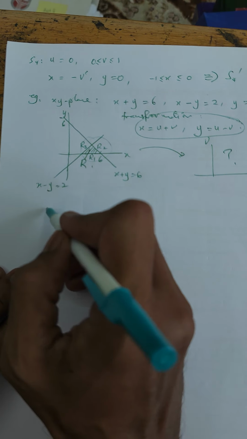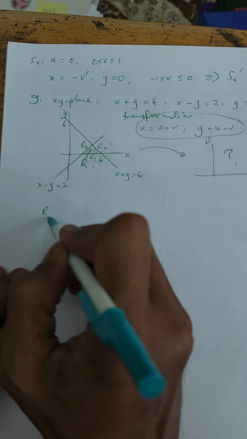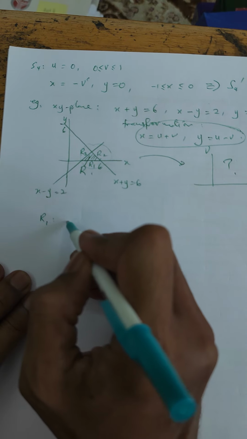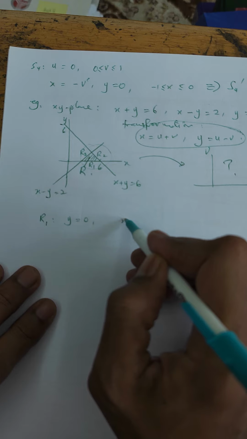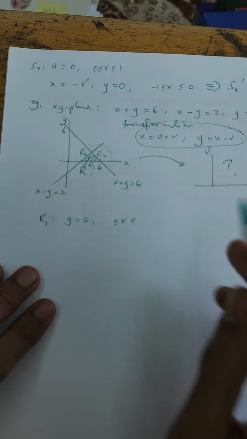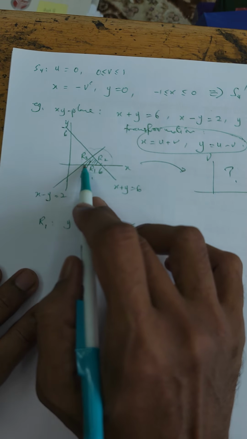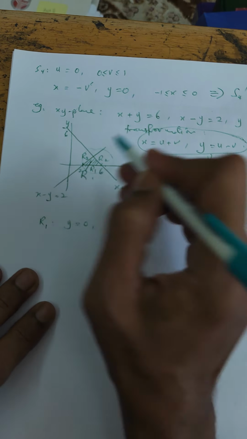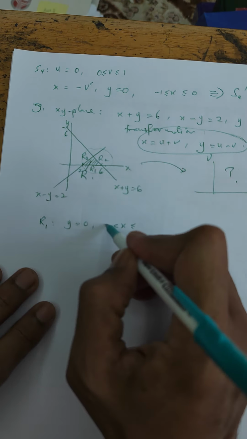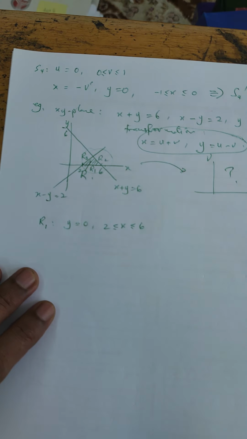For R1, we have y equal to 0, and x from 2 to 6.